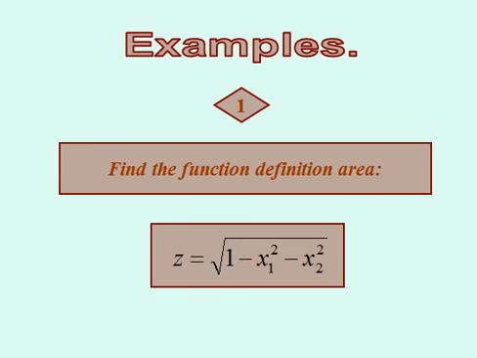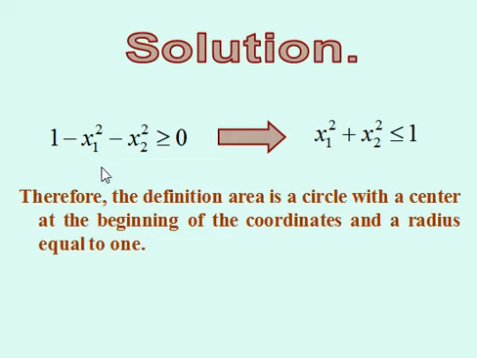When we carry both x1 squared and x2 squared to the right hand side, we may see that this inequality means a circle with a center at the beginning of coordinates and radius equal to 1. So the definition area of this function is a circle with a center at the beginning of coordinates and radius equal to 1.